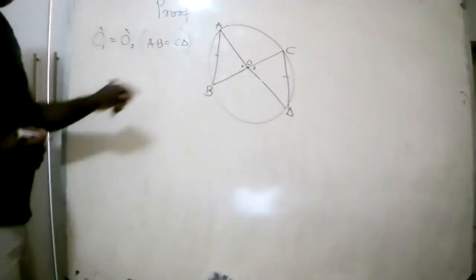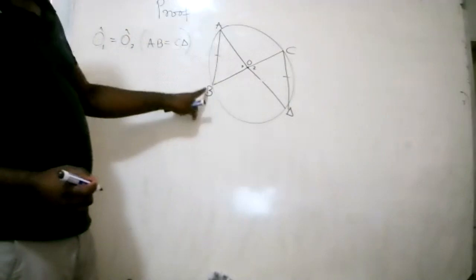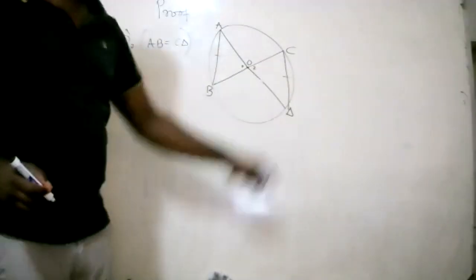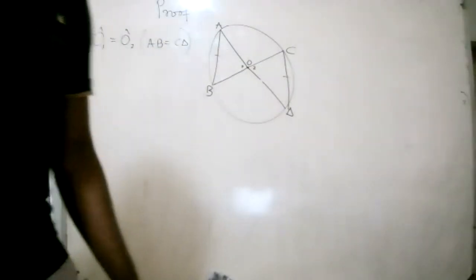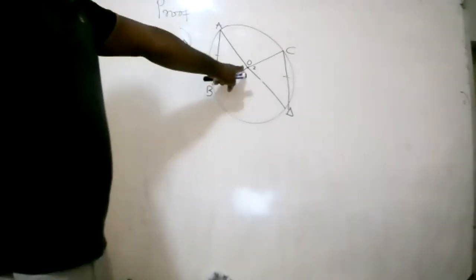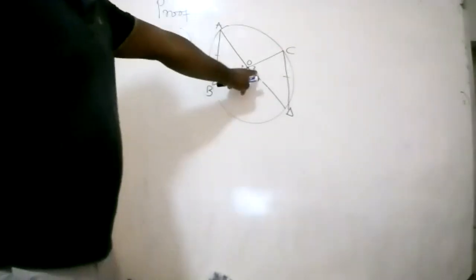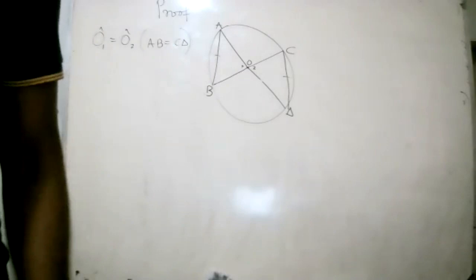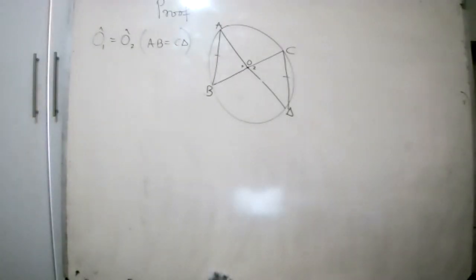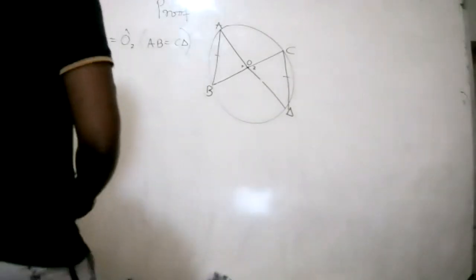So let me put this line just to show that AB is equal to CD. With that information, we want to prove that angle O1 will be equal to angle O2. Are we together? Yes. All right. So let's prove that.